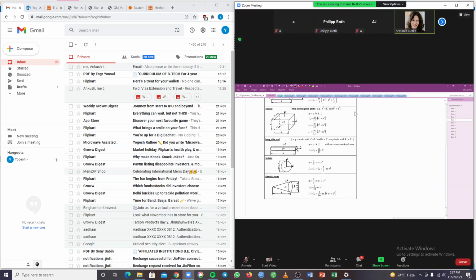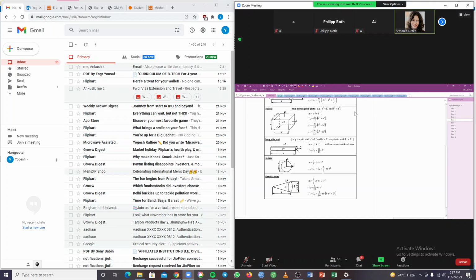And the last two examples are sphere and a circular cone. So these are our so-called simple geometries where we know the mass moments of inertia, or where we can use the tables to find them. And if we have a more complex object, we have to either integrate, or we can break it down into these simple forms and build the sum over the components. Okay, that's all there is of theory for chapter 5.